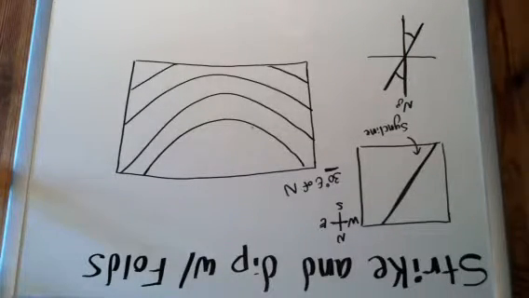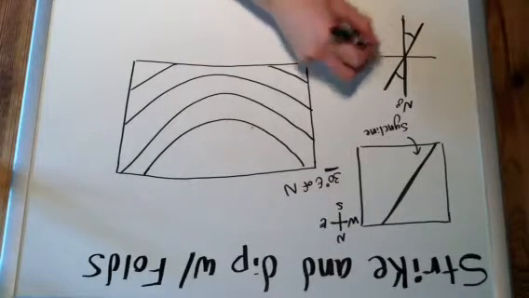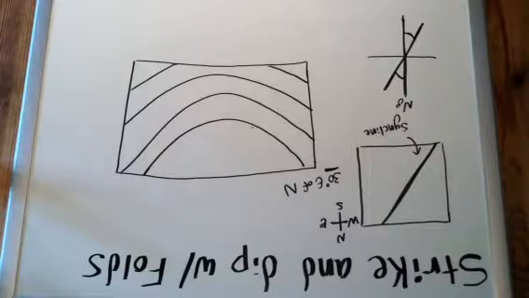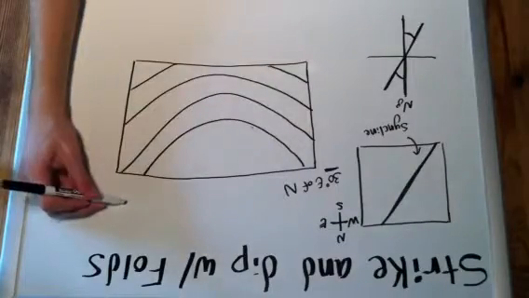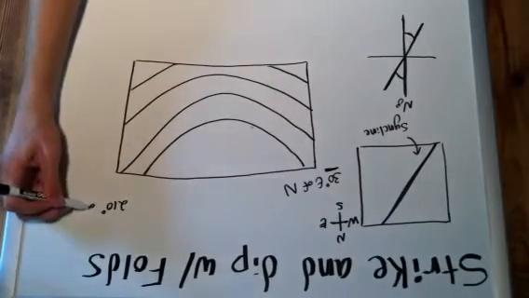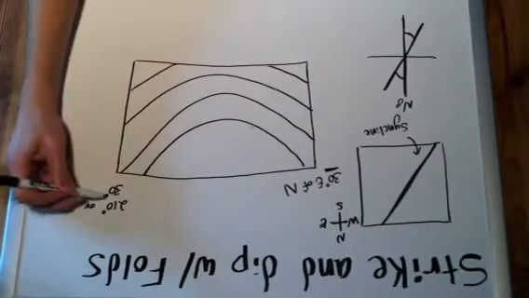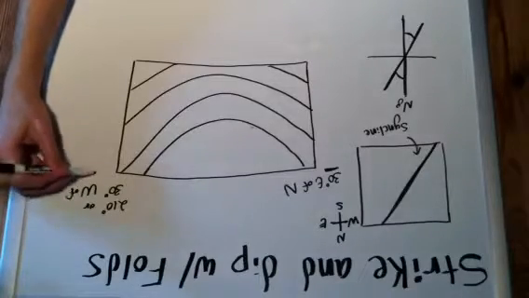So you can say that's 30 degrees west of south, or you can say this is just 180 degrees more than this angle, so therefore it must be 30 plus 180, which is 210 degrees. So we can write that as 210 degrees or 30 degrees west of south.